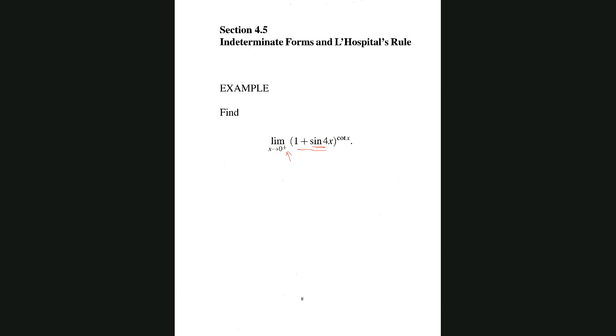If you graph the sine of 4x function, that would have a period of pi over 2. But what would the sine approach? That's right, it approaches 0. So you have 1 plus 0 here. So you have 1, raised to some power.